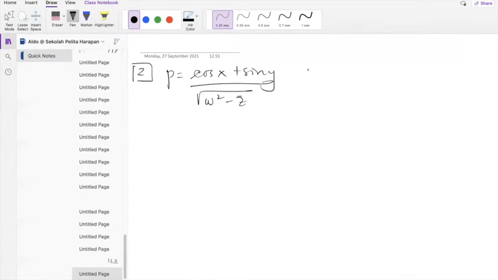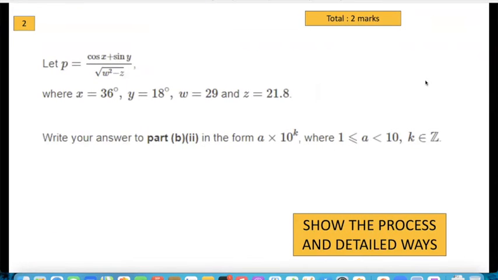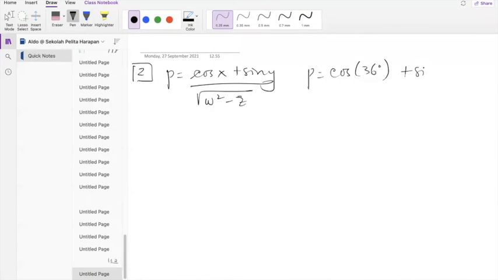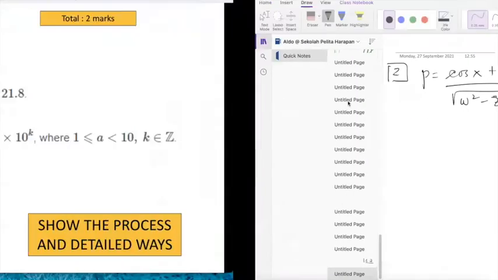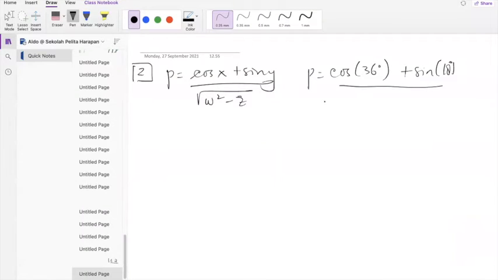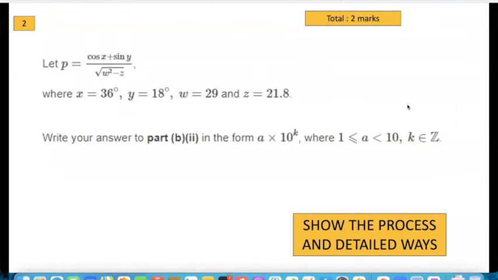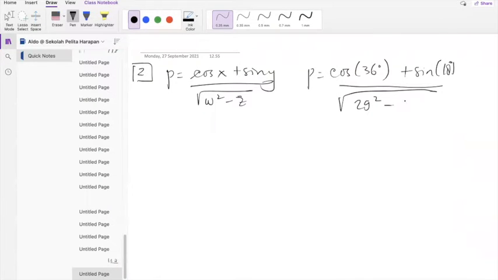So P is equal to cos 36 plus sin 18, and then over square root of 29 square minus 21.8 square.